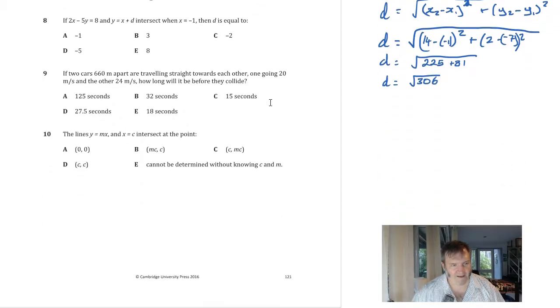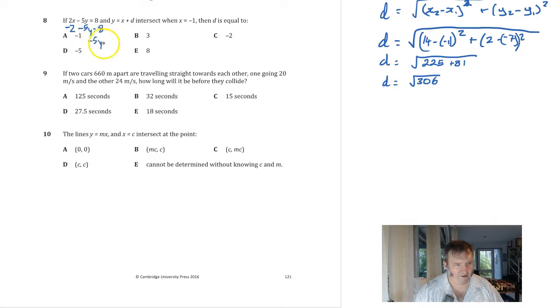Question 8. This line, 2x take 5y equals 8, and x plus d intersect when x equals negative 1. Well, we should be able to figure this out pretty quickly then. So if x equals negative 1, this would be negative 2, because 2 times negative 1 is negative 2, minus 5y equals 8. I can add 2 to each side.